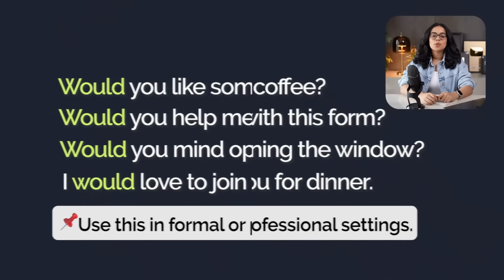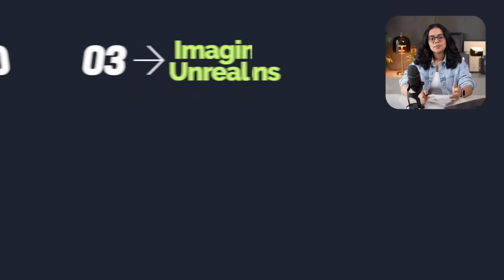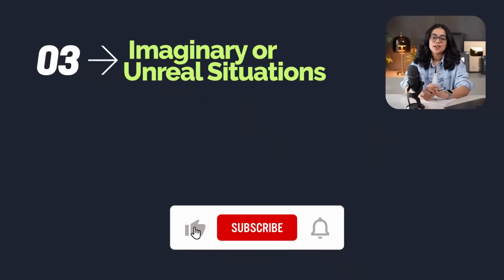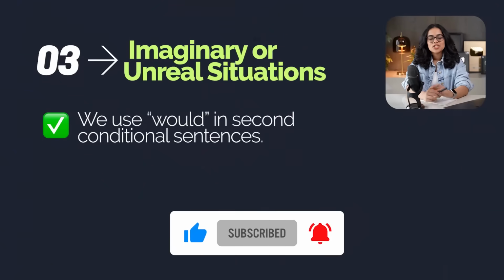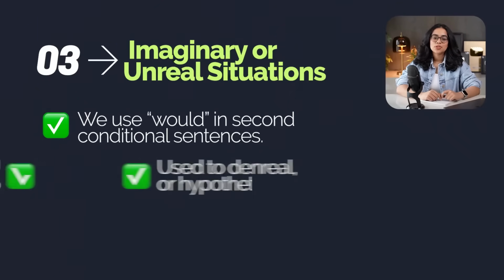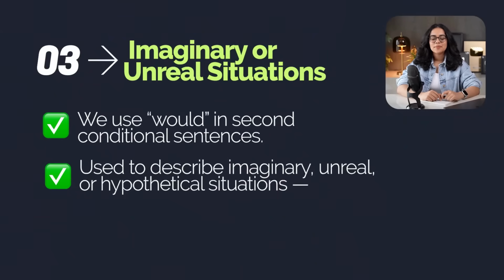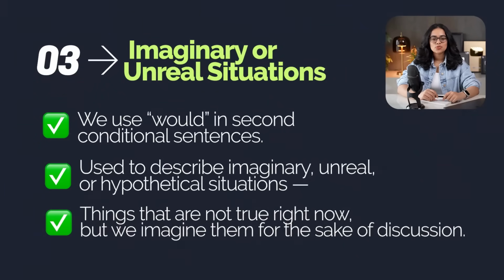Now let's move on to another important use of would. Would is used in imaginary or unreal situations, which means in second conditional sentences. We use would in sentences that describe imaginary, unreal, or hypothetical situations. Things that are not true right now, but we imagine them just for the sake of discussion.